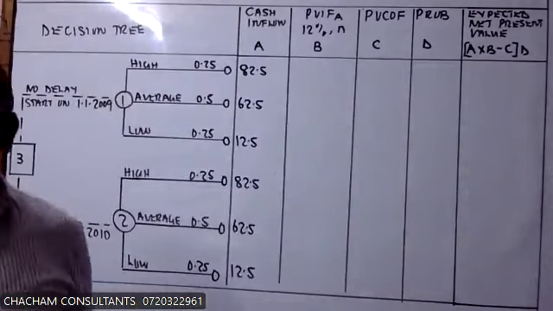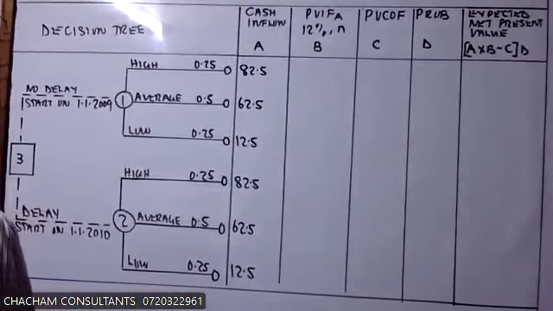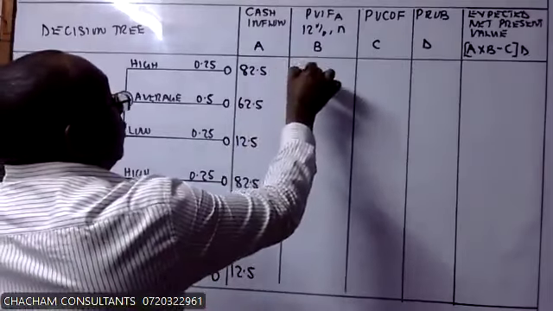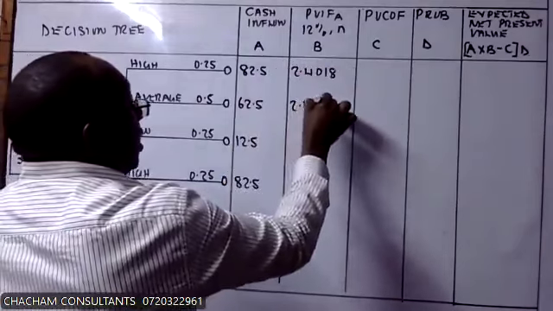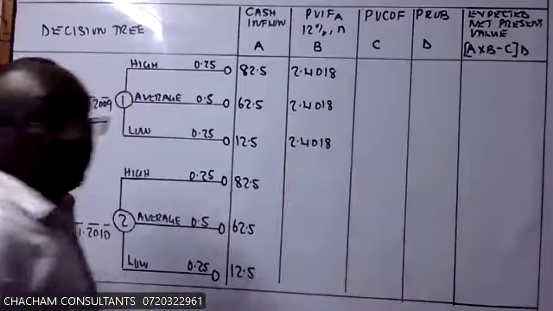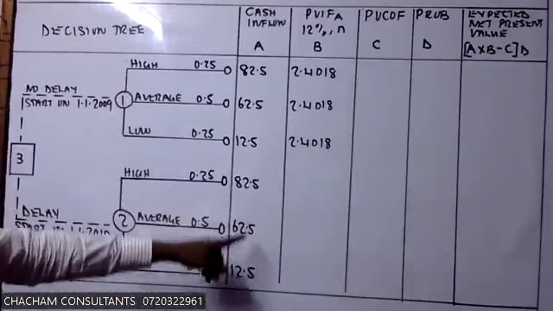Nisomee ya 3 years. $2.4018. 2.4018. But this one where we delay, this money will be receivable only for 2 years.